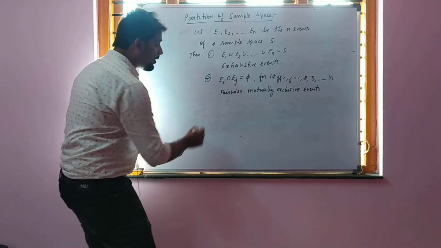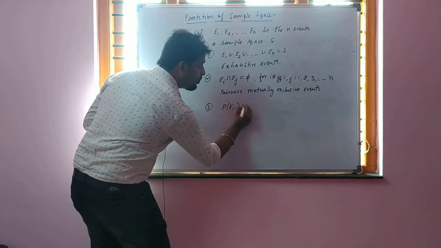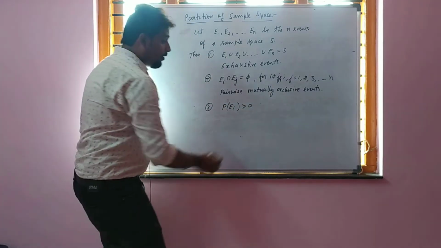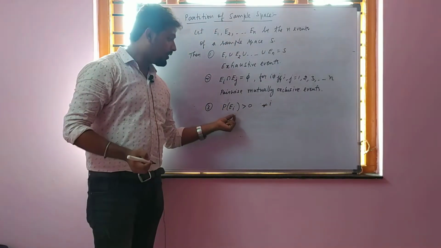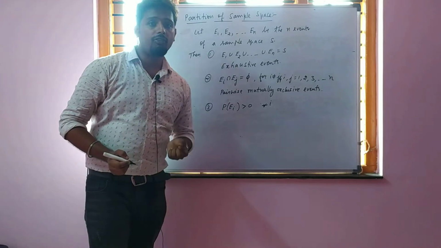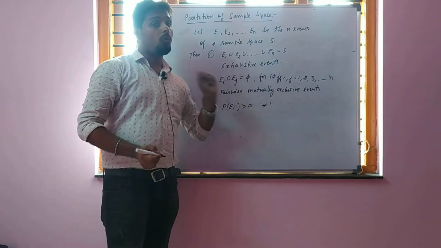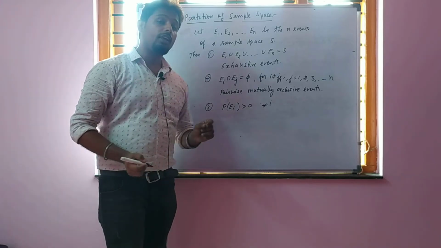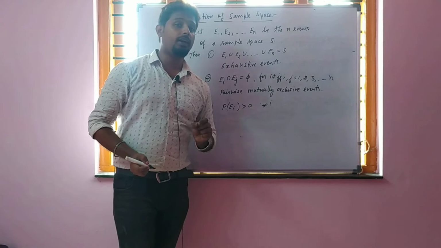And the third one, which is very important, is P of Ei should be greater than 0 for all i. You know the probability of an event can be 0, but I am not considering it as equal to 0 here. Why? If I say P of E1 equals 0, it means that event is an impossible event, right?